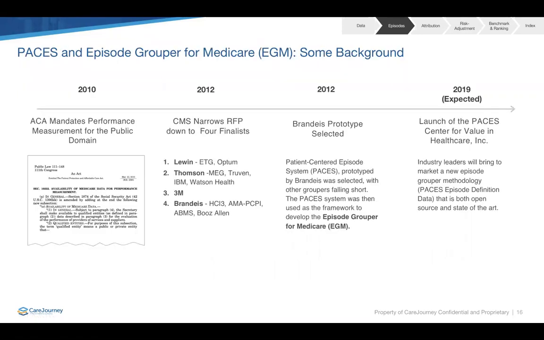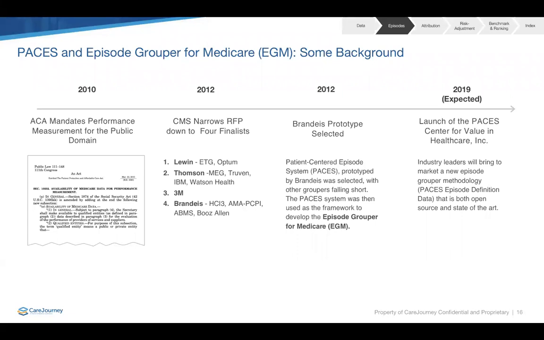It is insufficient, however, to use today's narrow set of episodes to score every doctor in the country. So we are pleased and honored to be a part of an open source movement that began with its origins in 2010.